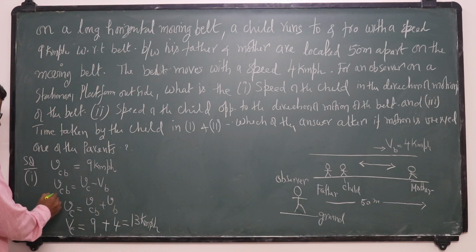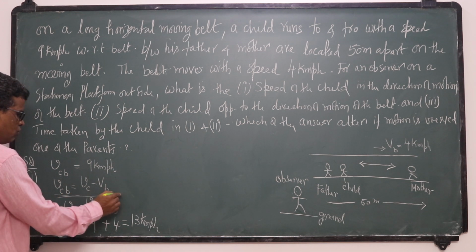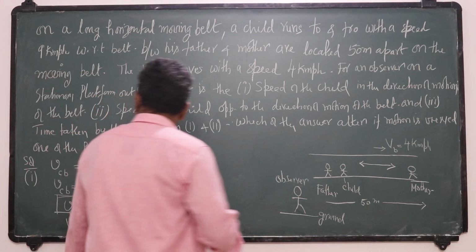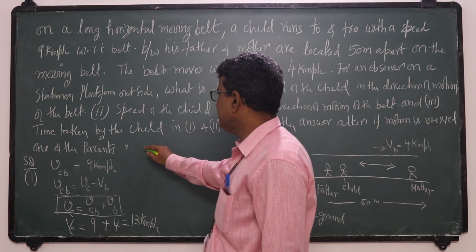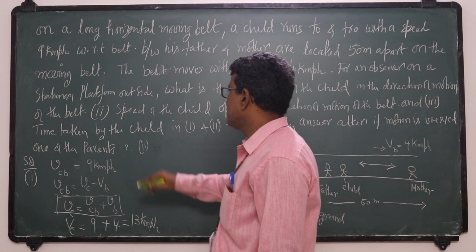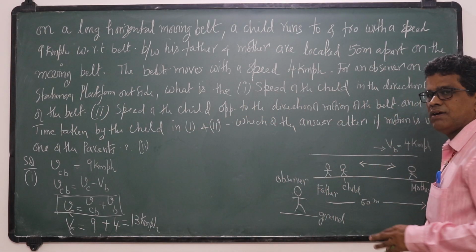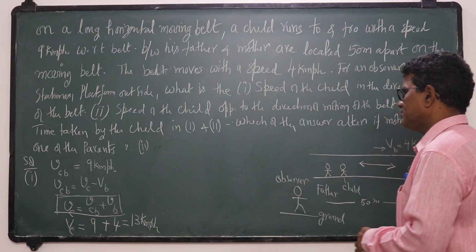You remember this one when they are moving in the same direction. Now, for the second one, if the child is moving opposite to the direction of motion of the belt, what is his speed?